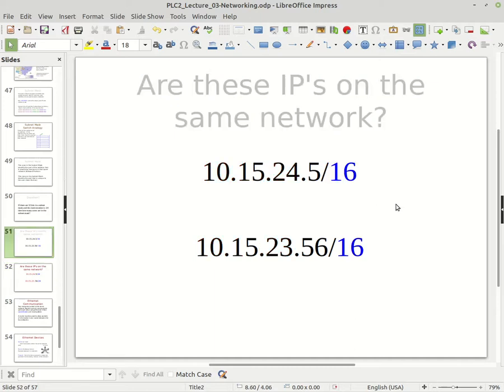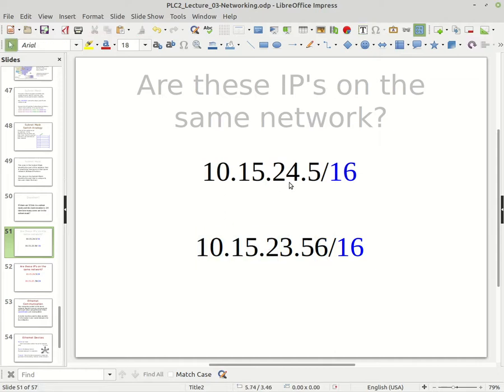So here, the 16 tells us that the subnet, or the network piece, is just 10.15. And so these 2 would work just fine.